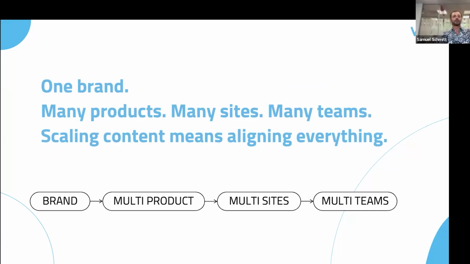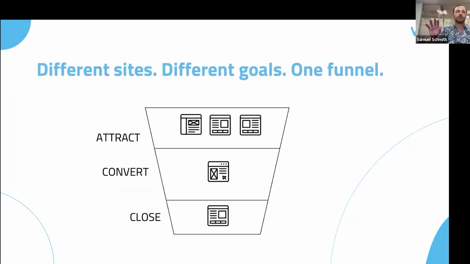You have one brand, but you might have many products, many websites, and many teams. So scaling content is aligning all of that. We won't focus too much on this part in this webinar, but I'm teasing the next webinar, where we'll speak about an insurance company that had a great marketing strategy. Basically, they created several websites with different goals.